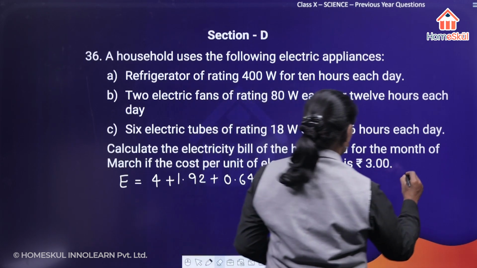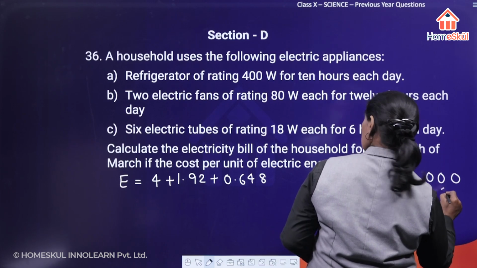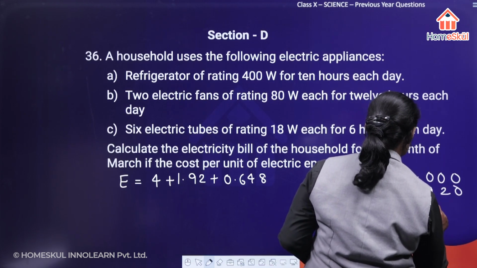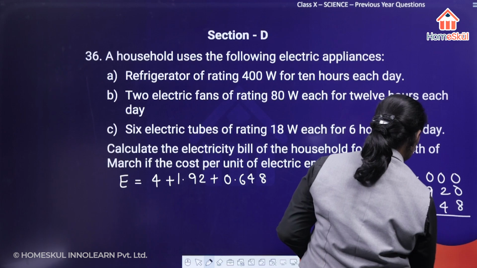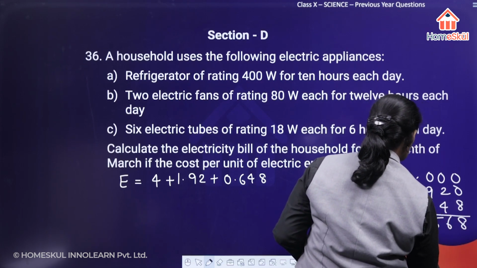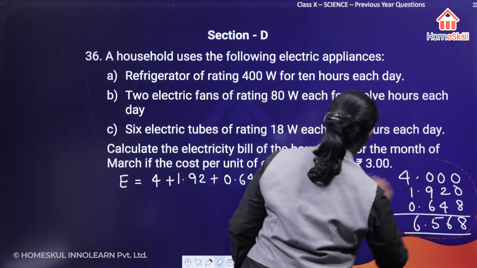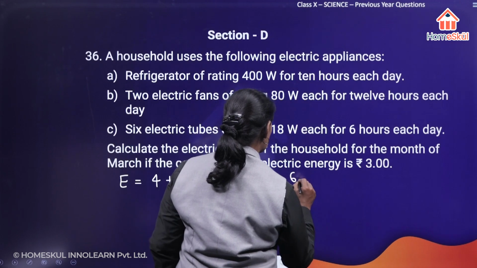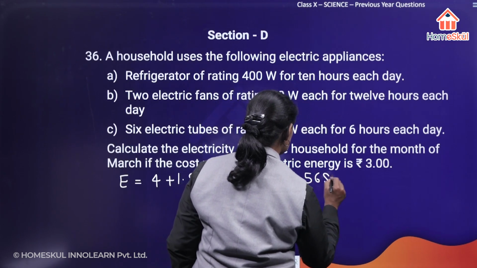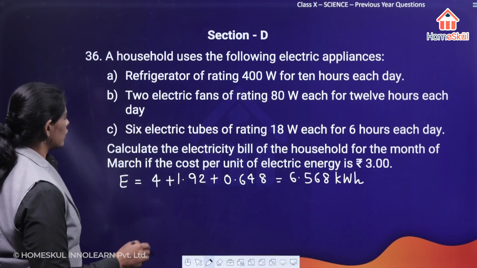What do we get? 4 plus 1.92 and 0.648 gives you 6.568. Okay, so the total energy comes out to be 6.568 kilowatt hour.